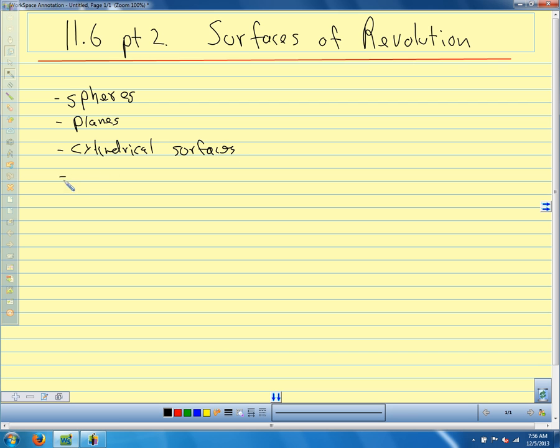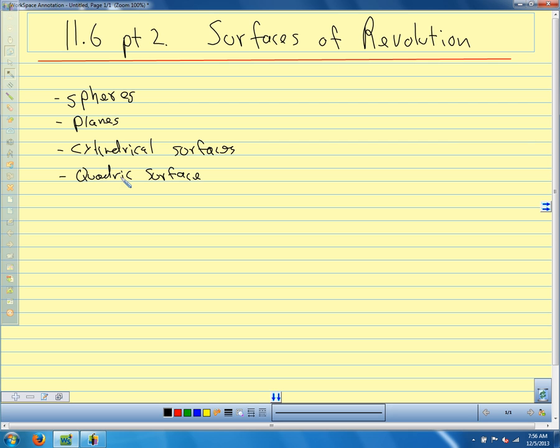And we talked about quadric surfaces. And we will work with these a lot more as we move forward. We just have kind of an introduction to most of these. We worked with planes a fair amount. The cylindrical surfaces and quadric surfaces we'll work with quite a bit as we move forward.